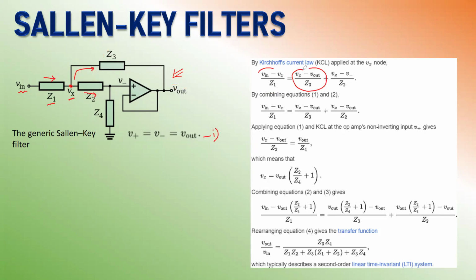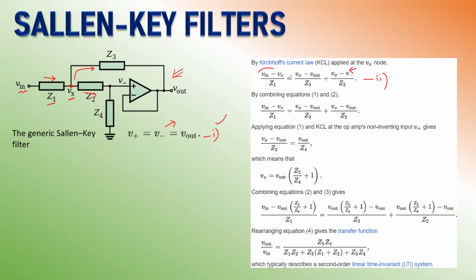So here we have written plus Vx minus V minus divided by Z2. Because of equation 1, and this we call equation 2. By combining 1 and 2, we plug in the value from equation 1 right over here, because we know that V minus is equal to V out.